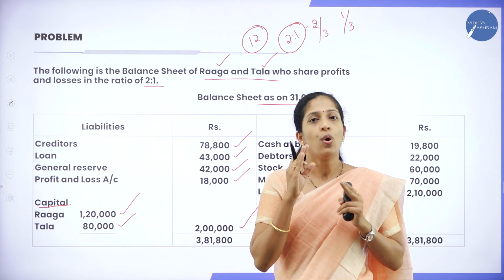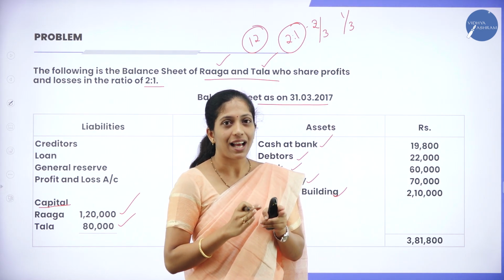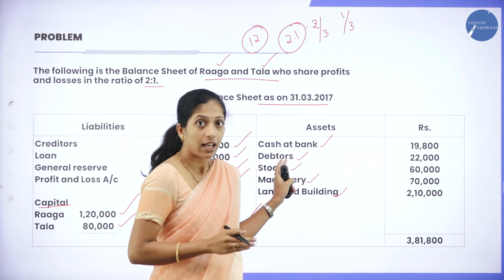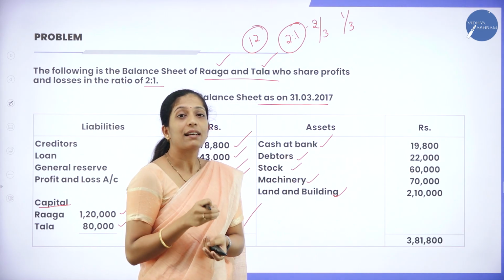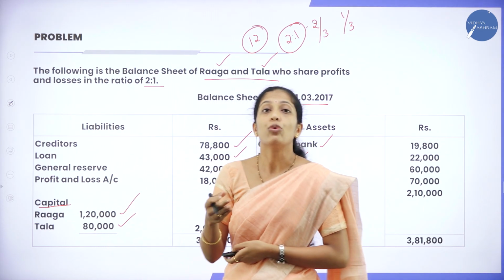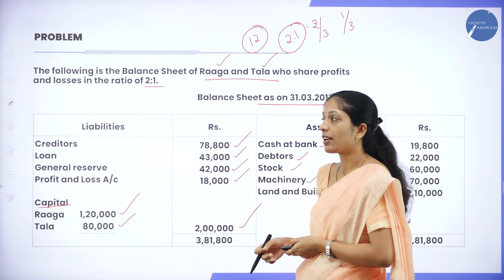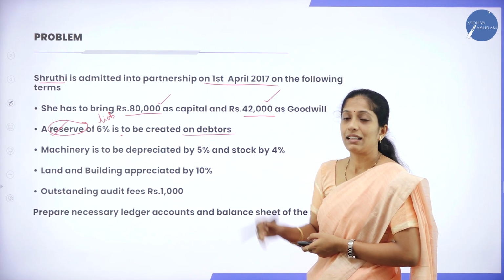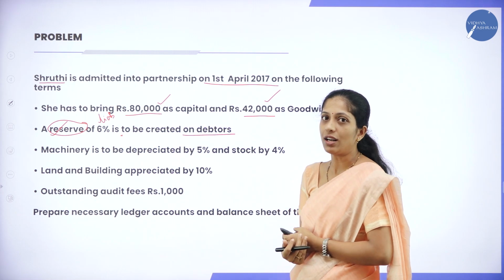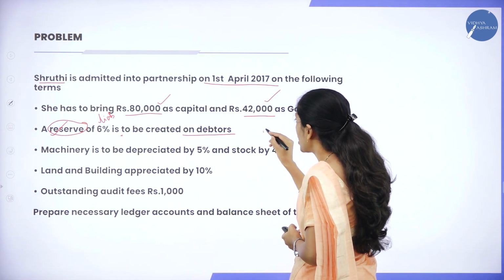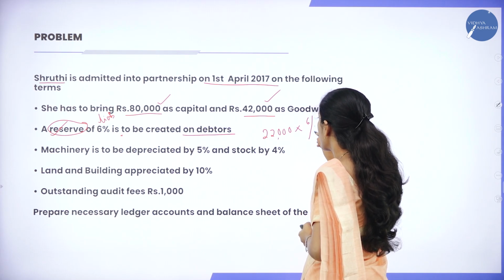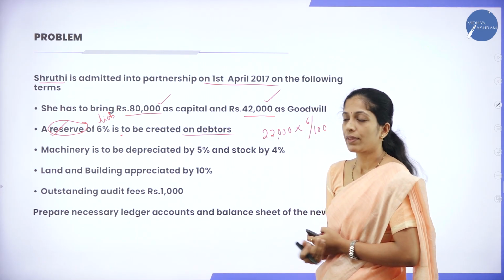As I told you, whatever is deducted from debtors is considered as liability. Of course, debtors is an asset, but the item which is deducted from debtors is liability. Now, a new liability has arisen into the partnership firm, that is reserve of 6% to be created on debtors. So, debtors is how much? 22,000. So, we have to calculate 6% reserve. 6 divided by 100.